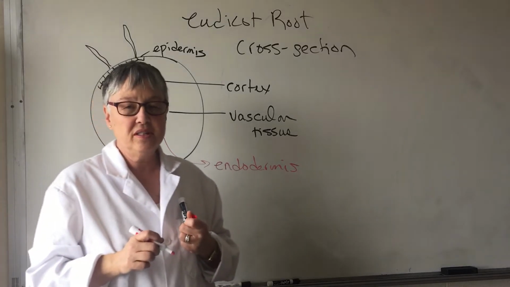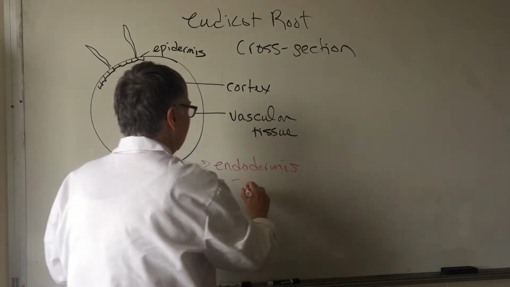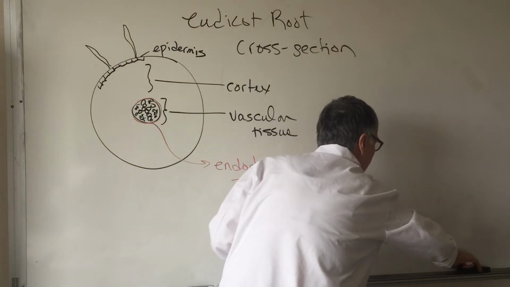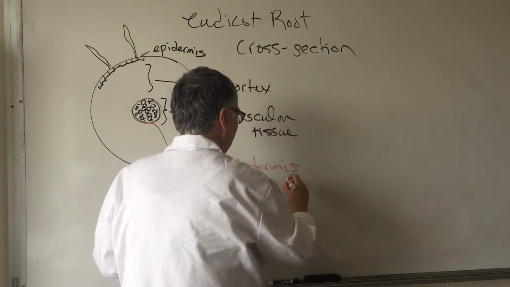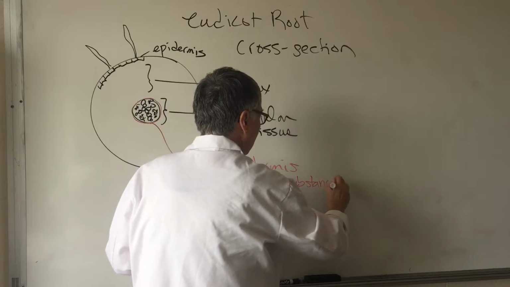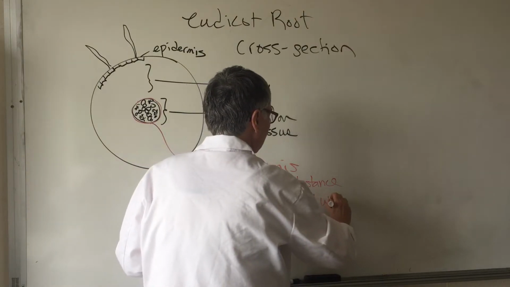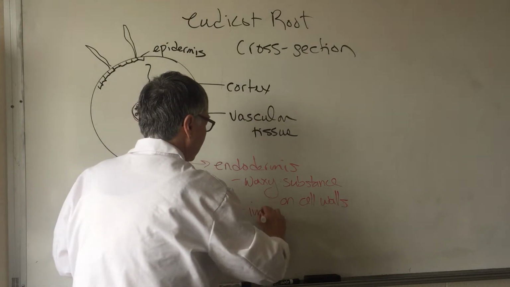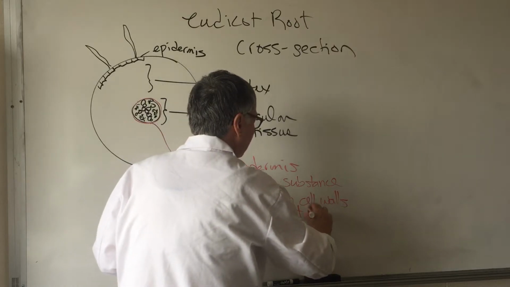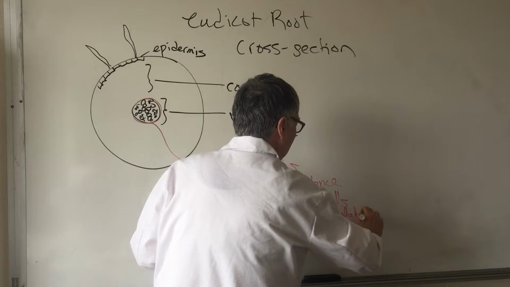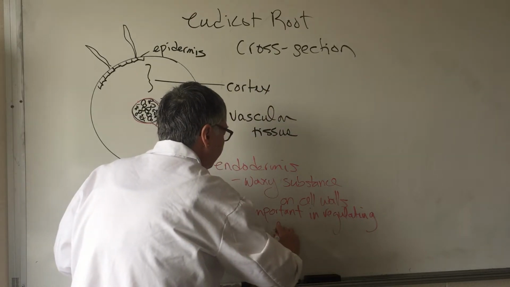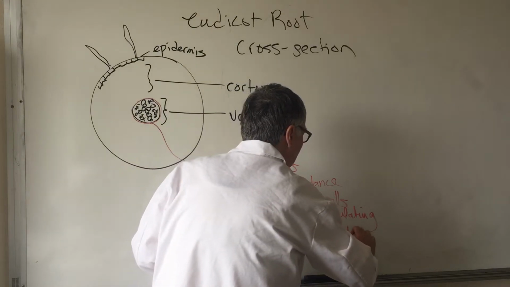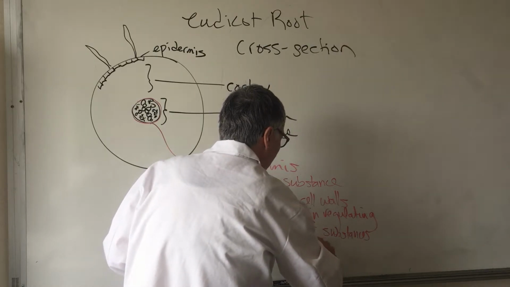It's called the endodermis, and these cells have a waxy substance on their cell walls, and this is important in regulating the entry of substances into the vascular tissue.